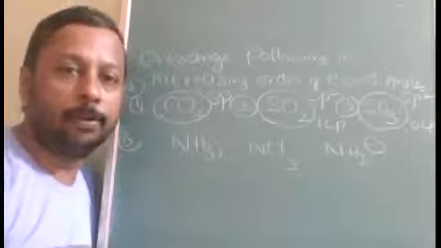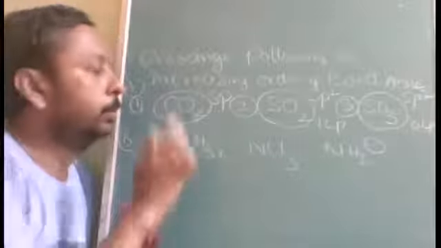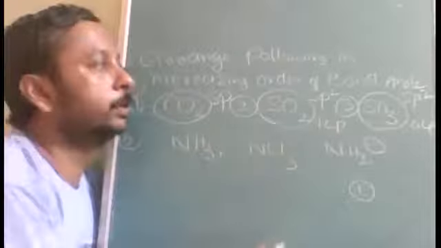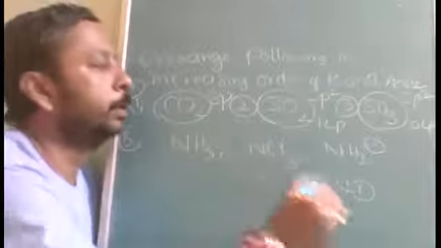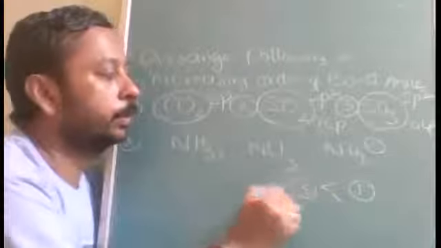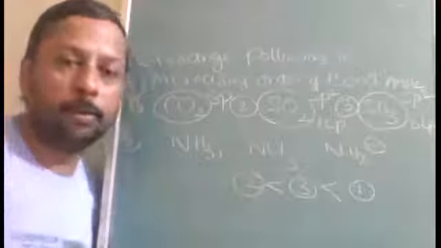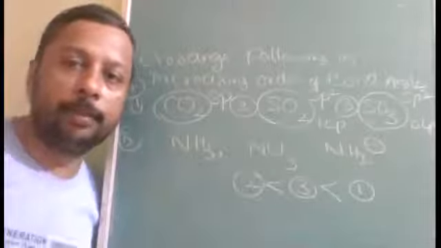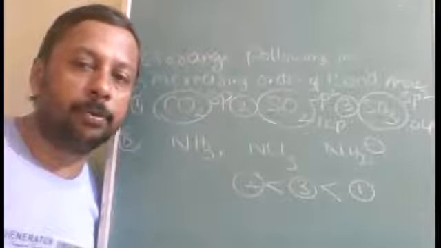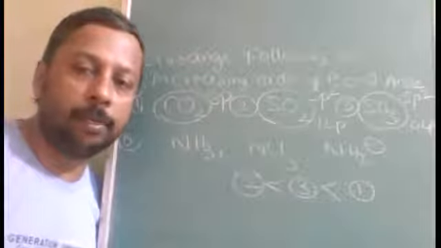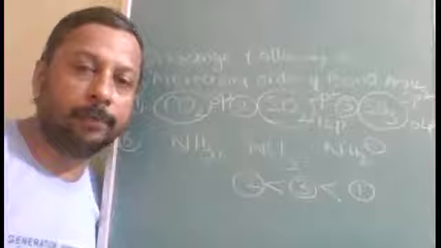First, we should follow the hybridization rule. S percentage character is more, so one will be the highest. Increasing, second will be SO3. Third will be SO2, because when hybridization is the same, lone pairs must be minimum or none. So the first answer is 2 less than 3 less than 1.